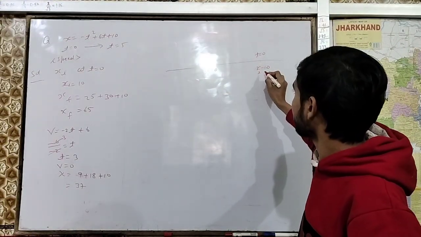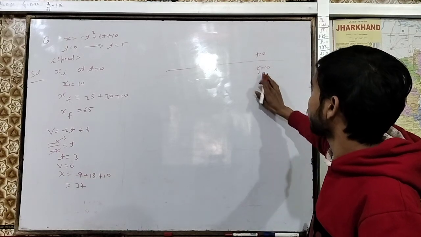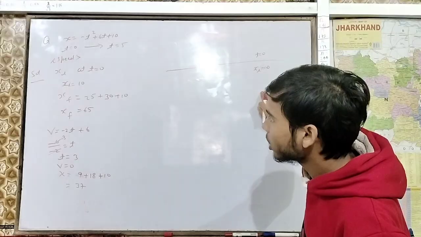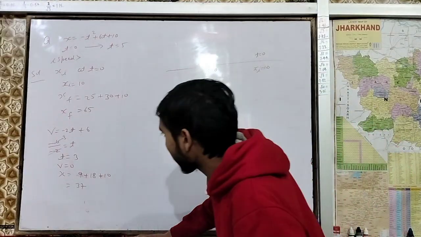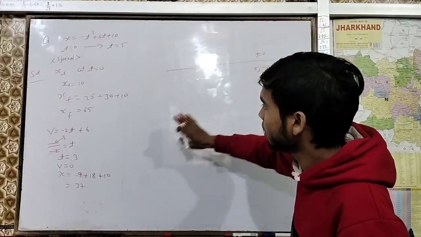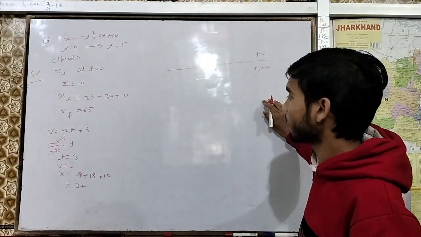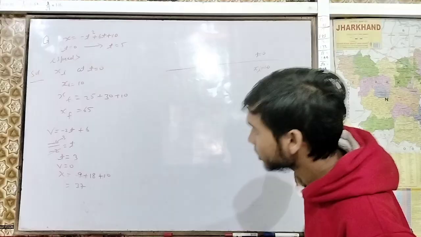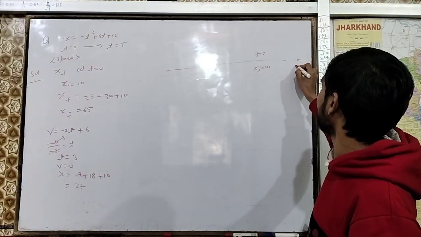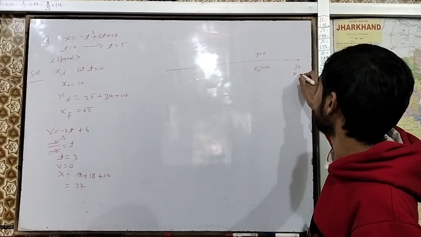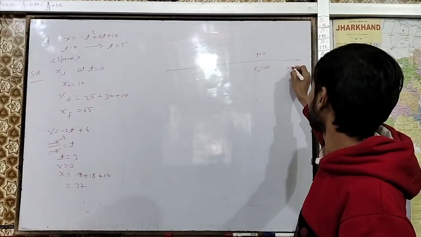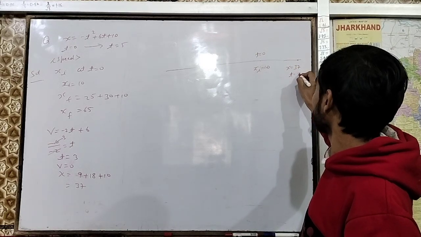This is your initial location. Now not the final location but the turning point. T is equal to 0, then t is equal to 3, where x is coming as 37. It is going over here. 37, where x is 37 at t is equal to 3 seconds.